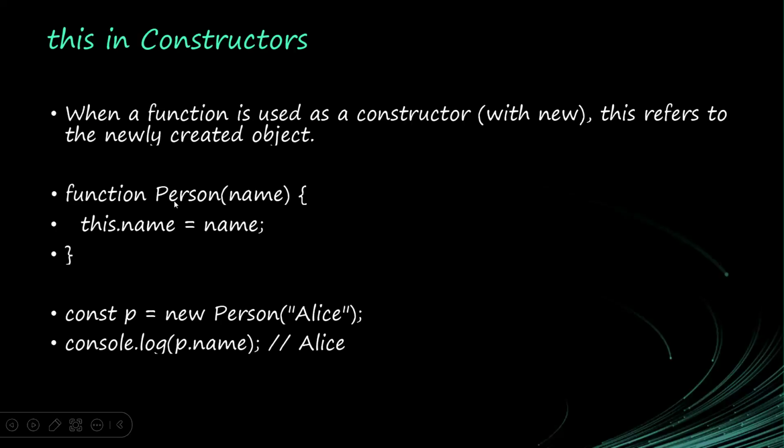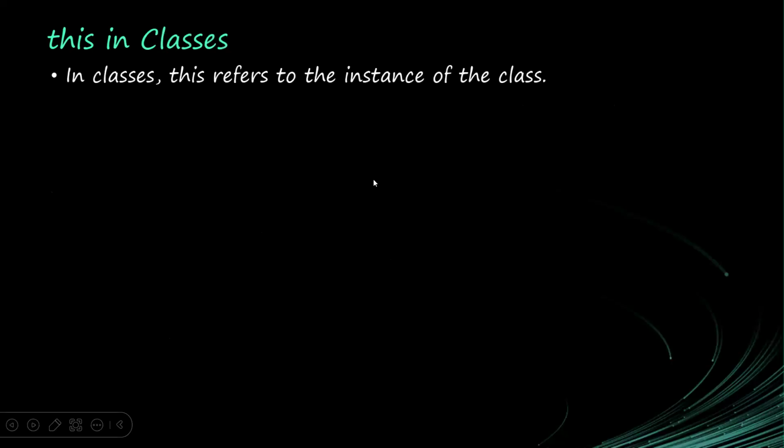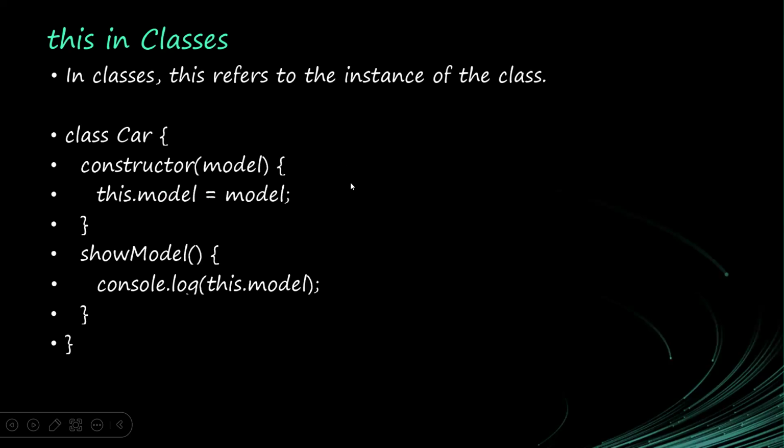Whenever we create an object using new Person and give it a name, this keyword will refer to the instance of the object created. Don't bother if you don't get it. The this keyword in classes refers to the instance of the class. We have not talked about classes, so I won't talk about this. But whenever you're using this keyword in a class, whether it is in Java, C++, or C#, this keyword always refers to the instance of that class.